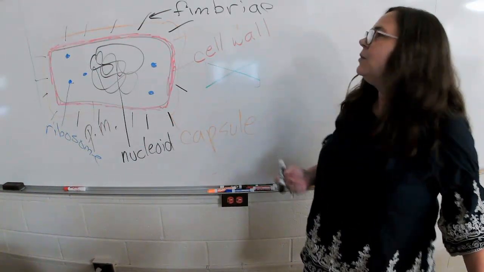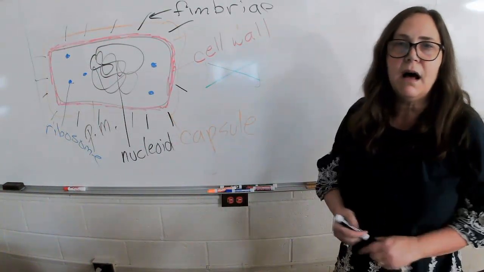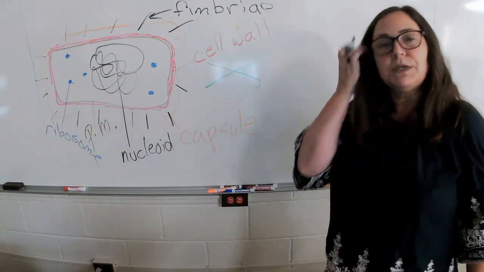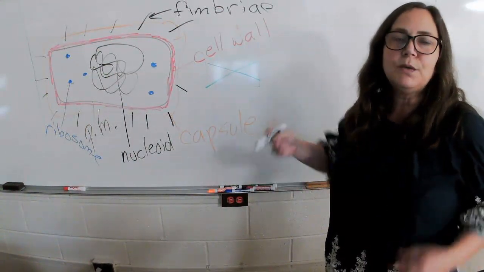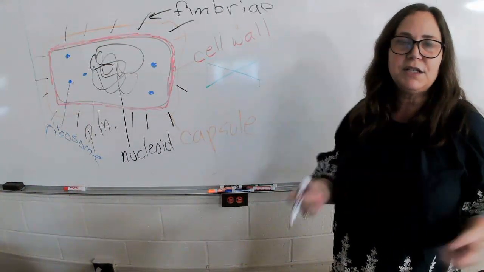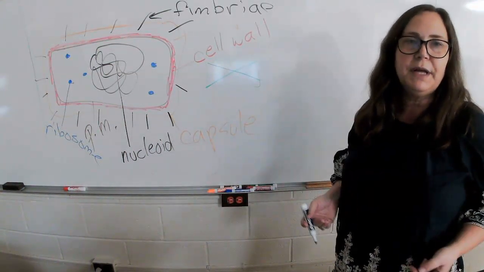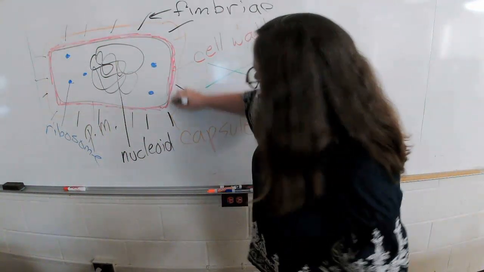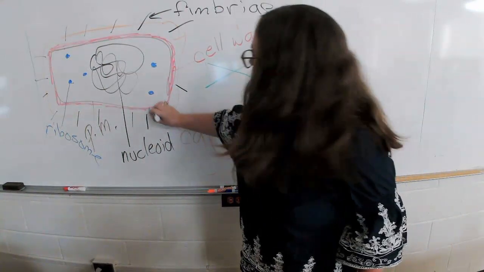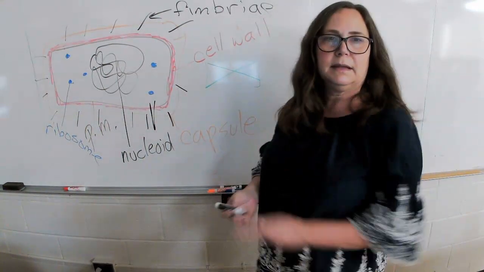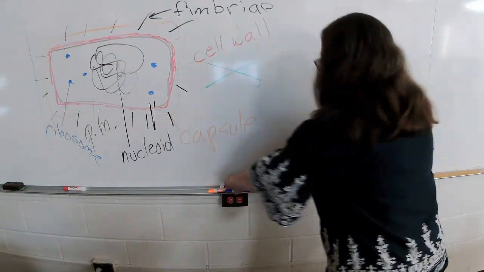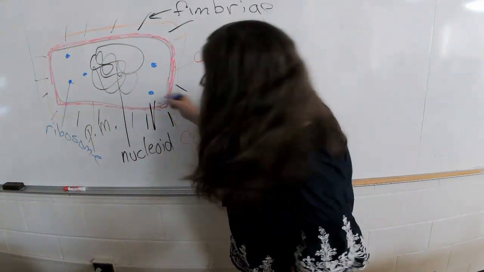And sometimes there will be a structure called a conjugation pilus. We will talk about conjugation as a way that bacteria exchange DNA from one bacterium to another. So sometimes there'll be that structure. Let's draw it in a different color. Try blue.